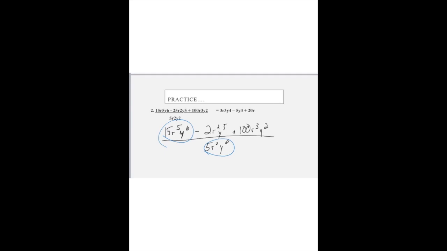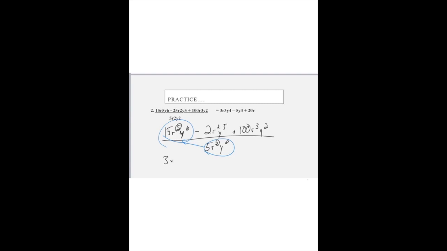So 5 into 15, sorry, will give us 3. Whoops, mistake. I got caught up in what was happening at the bottom of my screen there. So 15 divided by 5 will give us 3. Then we end up dividing r by r, but it's r to the 5th divided by r squared.